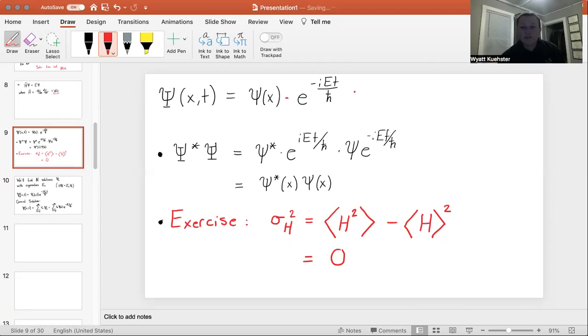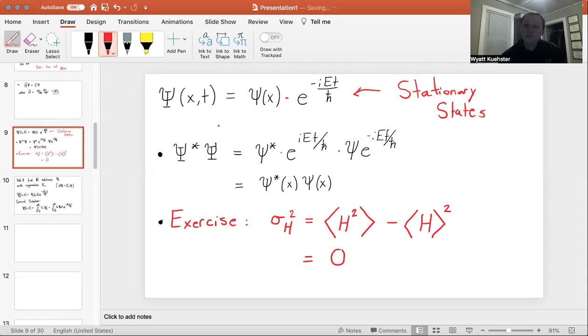These are what are called stationary states. So they're the solutions that look like this. And why are they called stationary states? The reason is because the probability density is actually also time independent. One reason is that it's completely determined by this little psi of x that's time independent.